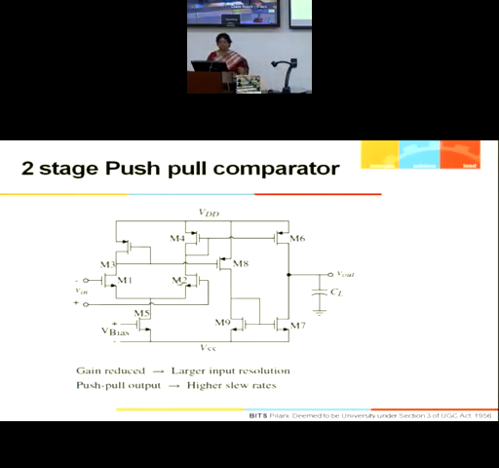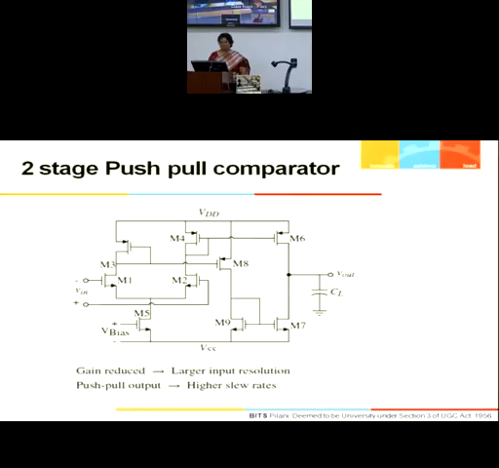Remember M1, M2, diode connected M3 and a diode connected M4. So this is a fully differential amplifier. Be very careful. This node and this node, they both are the two output nodes of a fully differential amplifier composed of M1, M2, M3, M4.